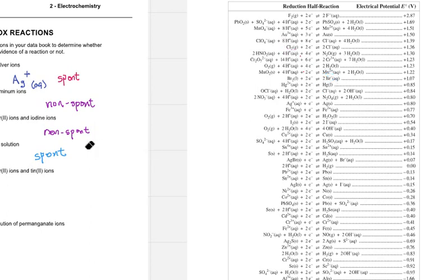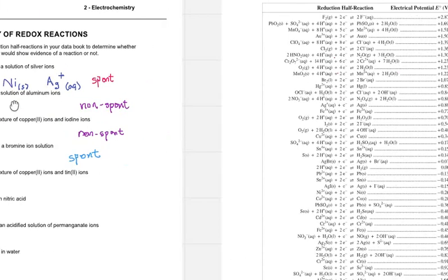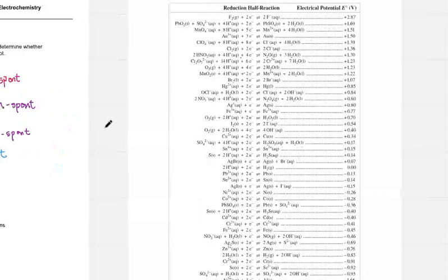Next one is an aqueous mixture of copper 2 and tin 2. This is E. Copper 2 and tin 2. Copper 2, there we are.